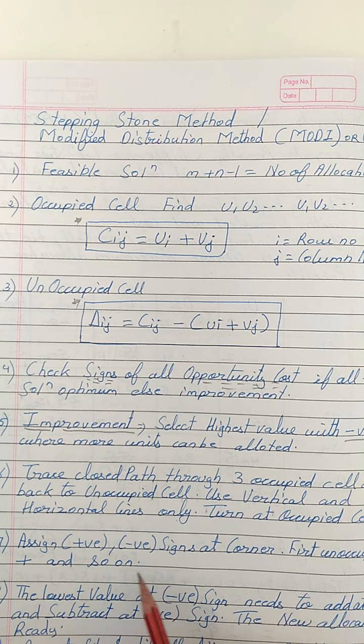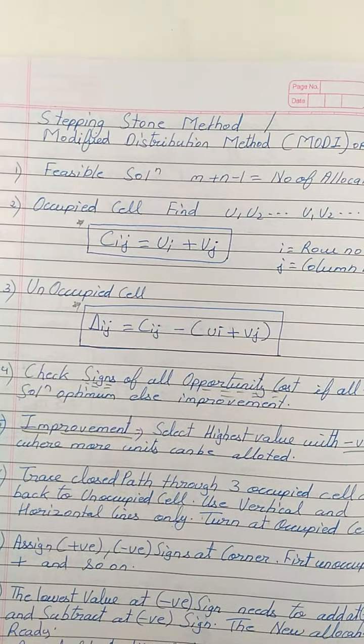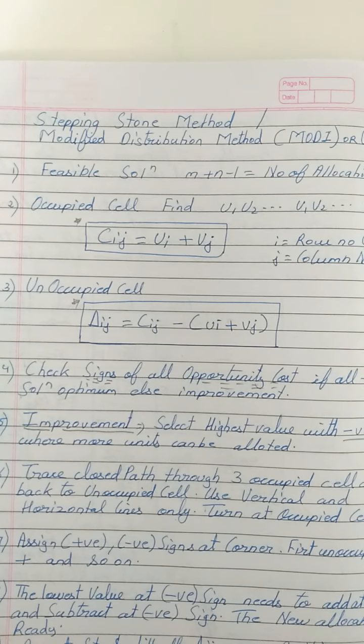From there, identify which cell having a negative sign has the minimum value, so that we can transfer that minimum number of units from that negative cell to the highest opportunity cost cell. Take the minimum value among the negative signs, add the same number of units to the cells where the sign is positive and subtract it from where the sign is negative. Then we get the new allocation.